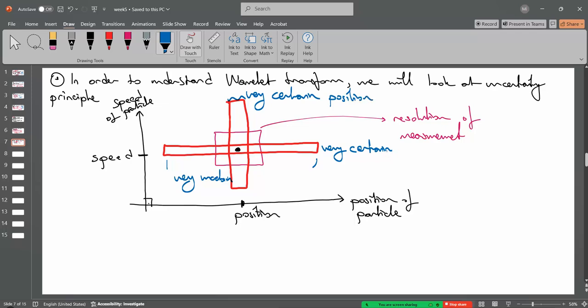And so this is very certain for speed in this case, and uncertain in position, which is given here, and also we can define this one as very uncertain at speed. Okay, and so this is the Heisenberg principle for measuring the speed and the position of a particle at the same time.